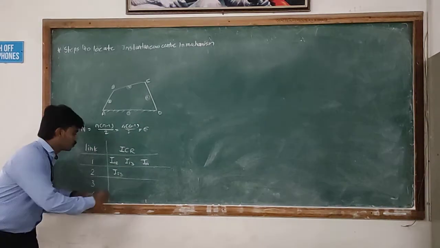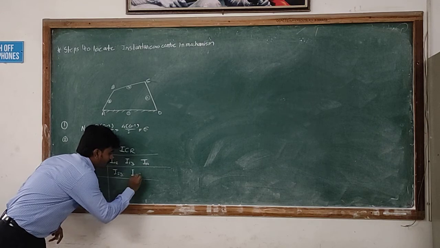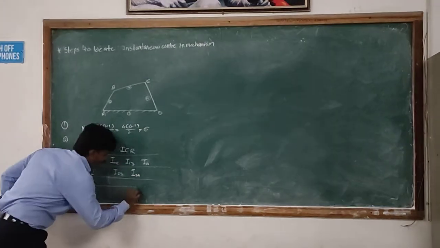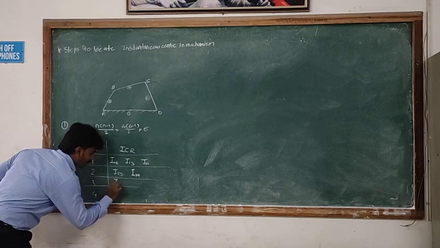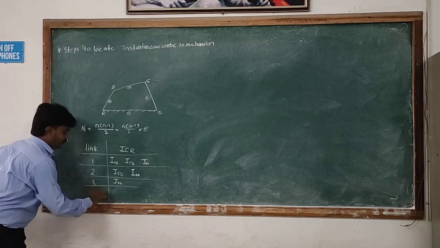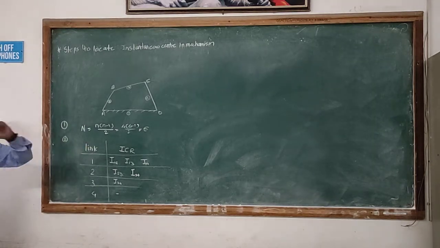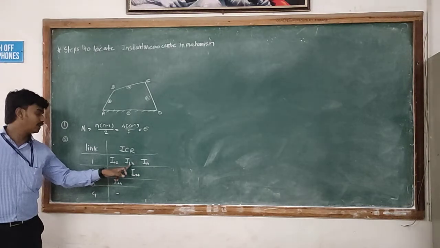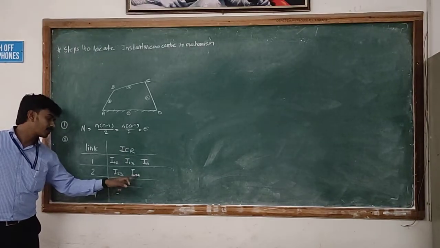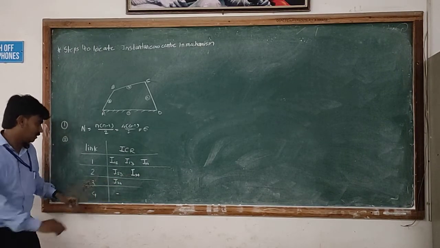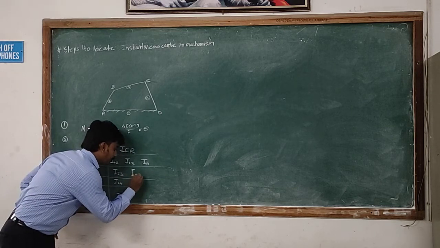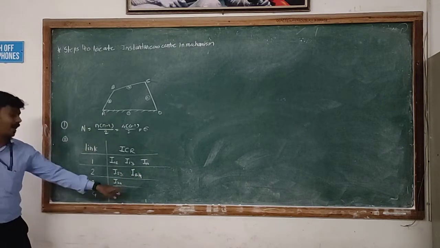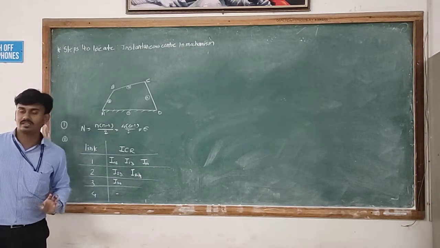So I23 and I24, and for link 3, I34. These are the 6 instantaneous centers: I12, I13, I14, I23, I24, and I34.